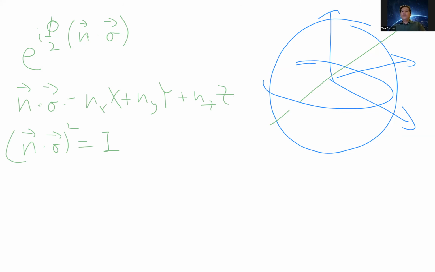You can do a little bit of maths to work that out, but basically it happens because when you do the square of this thing, all the terms like x times y happen in pairs, like x times y plus y times x.